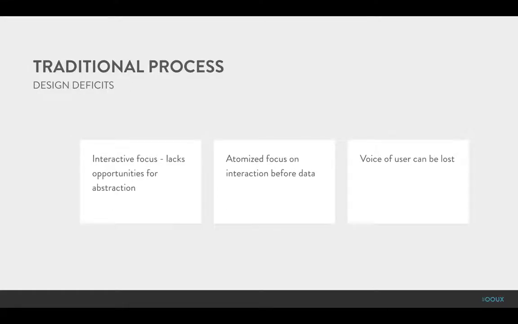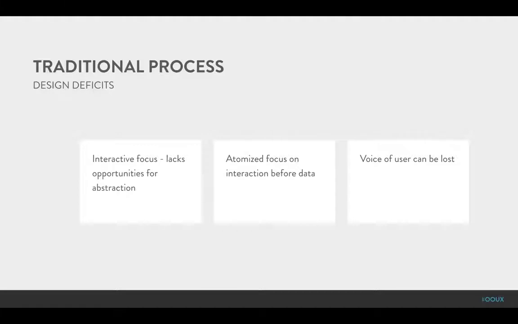From a design point of view, similarly, we're focusing on interaction and interactive elements rather than being more conceptual. So there's a misconception of what abstract could mean for design versus what it means coming from research.